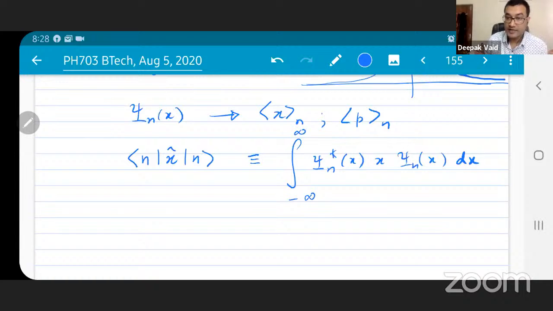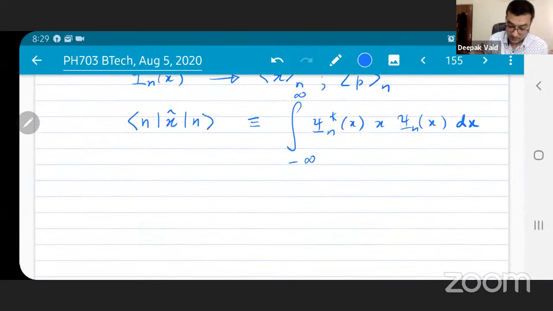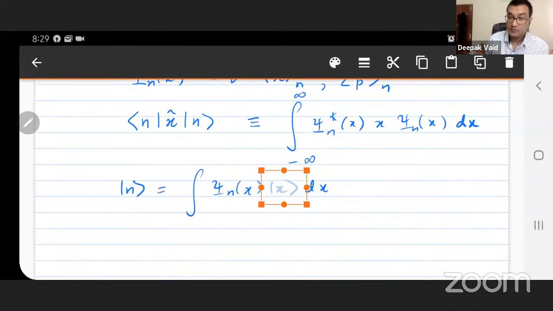These two expressions are identical, because the nth eigenstate is, in the position representation, expressed in terms of the eigenstates of the position operator, and these are the coefficients.